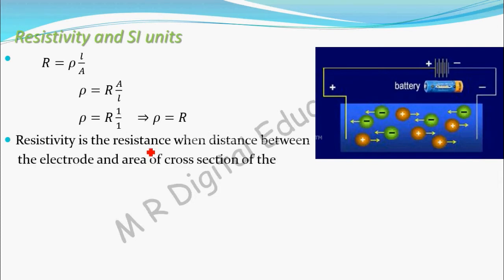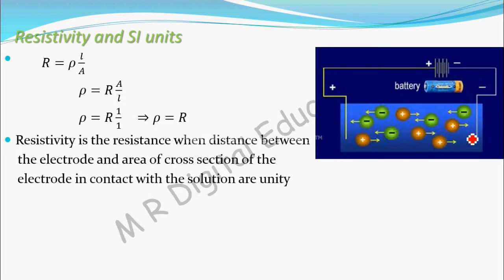Resistivity is the resistance when the distance between electrodes and the area of cross section of the electrode in contact with the solution are equal to unity.